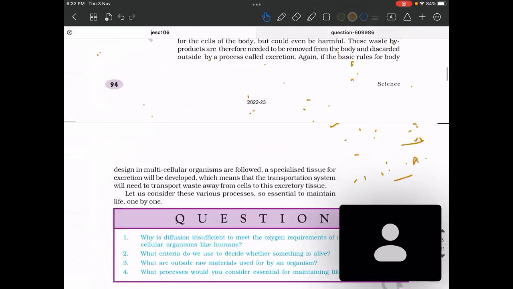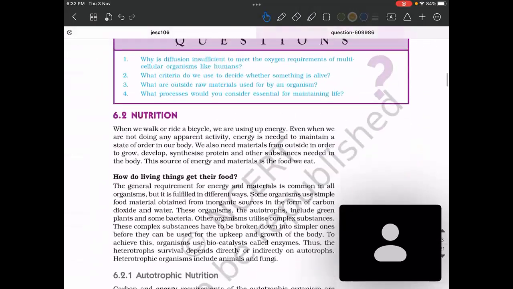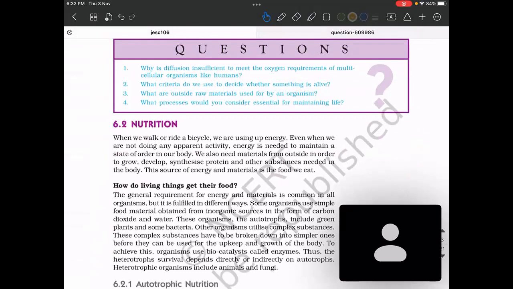Let me ask you one question. The first question, an NCERT question: why is diffusion insufficient to meet the oxygen requirement of multicellular organisms like humans?